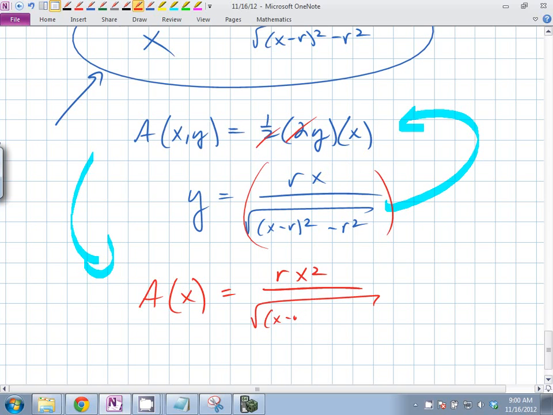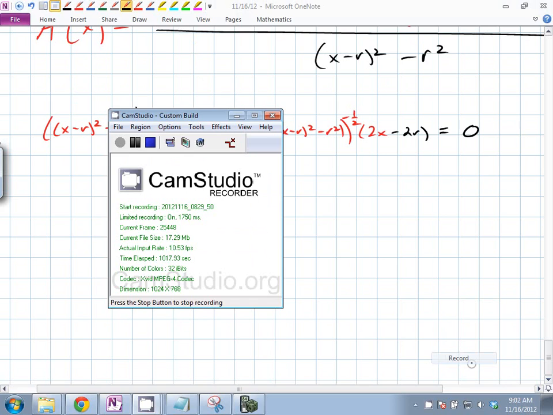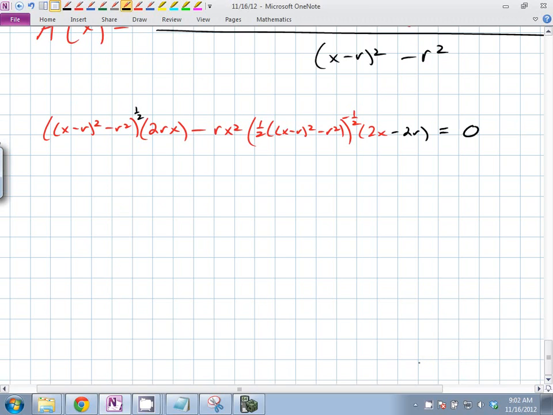And now what do we take? The derivative. A prime of X is going to equal 1X and 1R. Well, we have to be really careful. So it turns into 2 times, and I'm going to multiply this out, X squared minus 2XR plus R squared minus R squared.